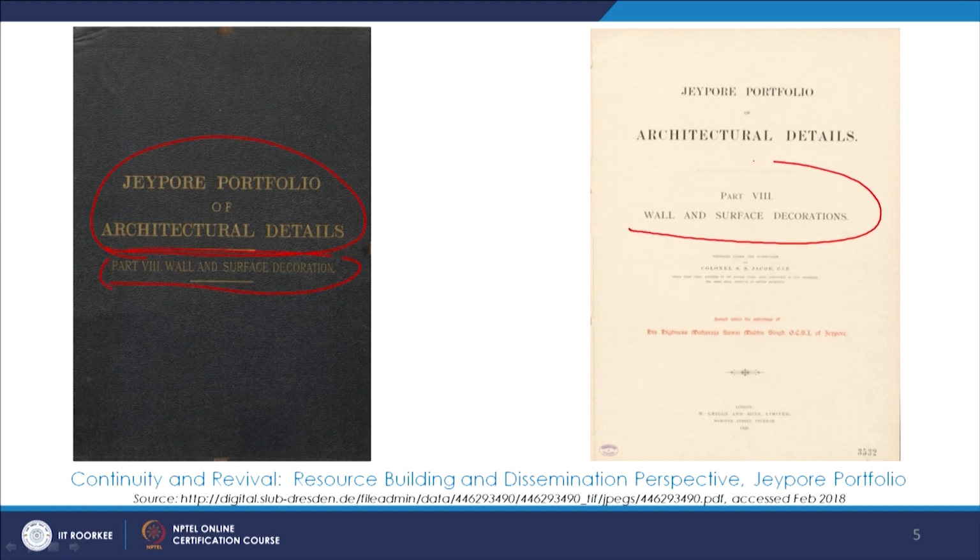So related to this part, there are a lot of drawings and details on scale which have been documented and preserved and disseminated through this very rich inventory, and which has taken a lot of effort to get compiled and collected.